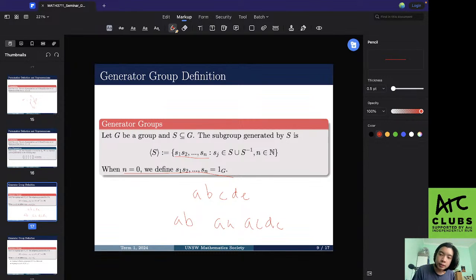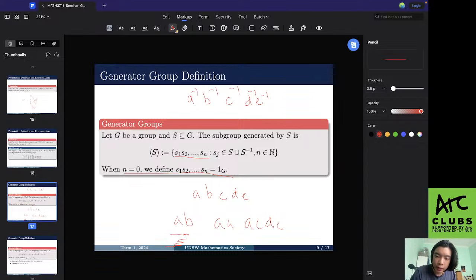Then the next thing is we also need to make sure that we have inverses, right? So what we do is we have our set A, B, C, D, E, and we take all the inverses and we kind of do the same thing. We can also have multiplications of their inverses, right? So that means that any element that we create down here, right?